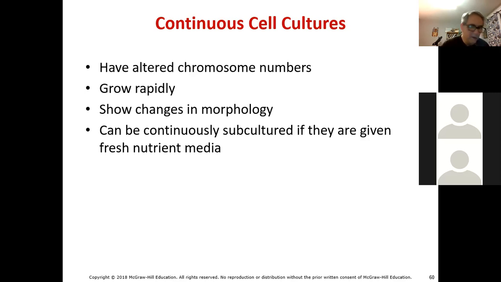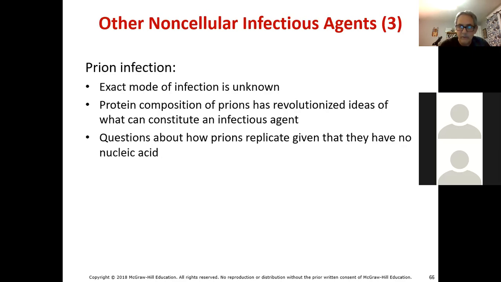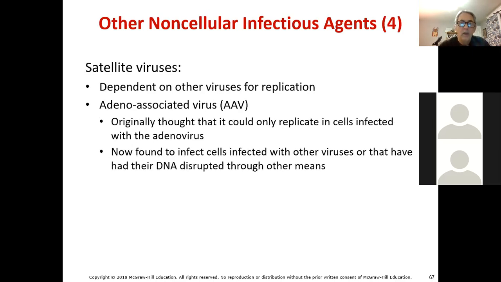And then the last slide, I had 67. Rather unusual. Did I actually include this? Maybe it's on the test. Other non-cellular infectious agents are satellite viruses. These are dependent on other viruses for replication. For example, adenovirus, which can cause respiratory infection, has an associated virus.